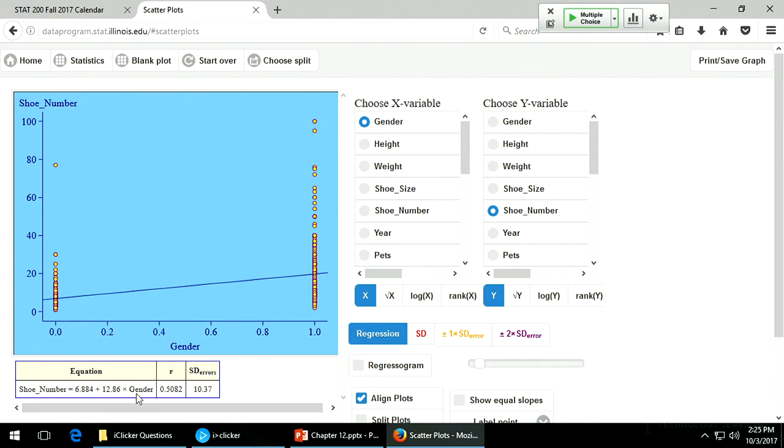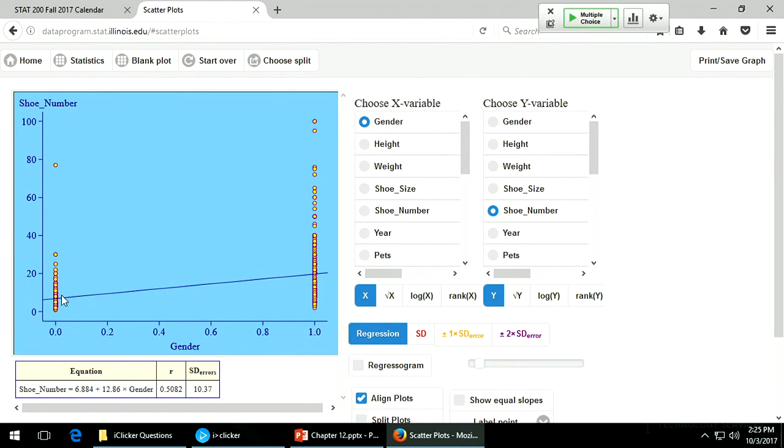But when your x variable is equal to 0, that means you're male, right? So you're right here. So what do you think that 6.884 is for males? It's their average. It's the average for men right there.